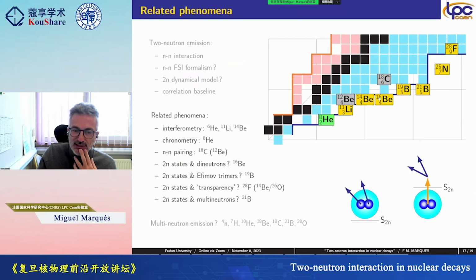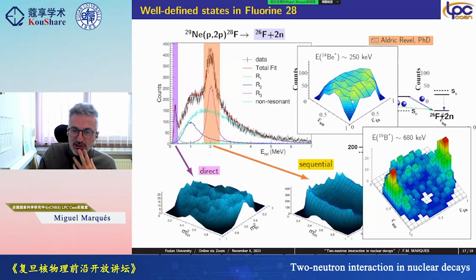So when we saw this, we said that we could just scan all the data that we have and see if we have other states around 250 keV or slightly higher, and see at what energy the structure of the state begins to show up.